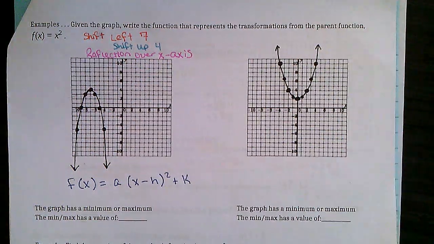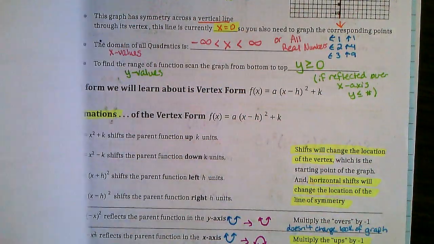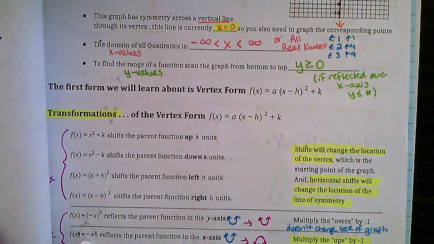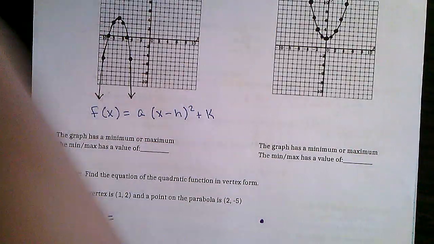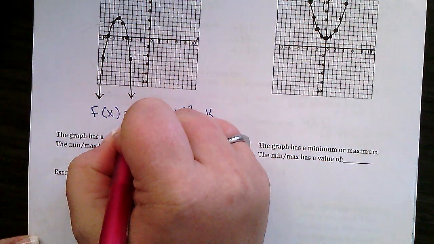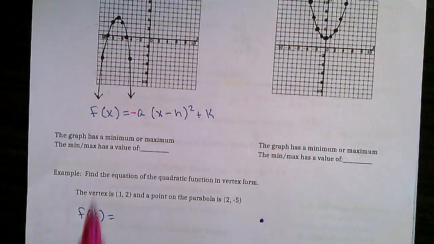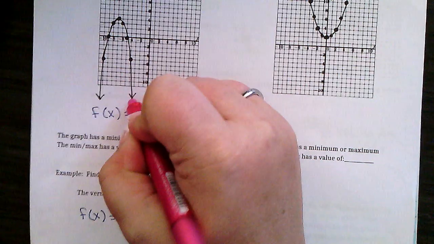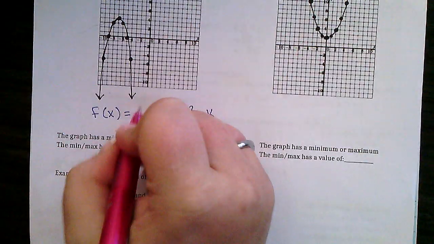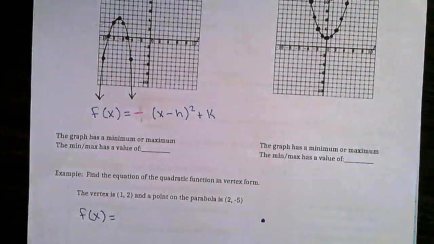Okay, so we can see from over there that if we have a reflection over the x-axis, the negative goes out in front. So, there are too many papers. My negative is going to go out in front here. That A is for a stretch or a compression. I don't have one, so I'm going to get rid of it. Got a negative there.